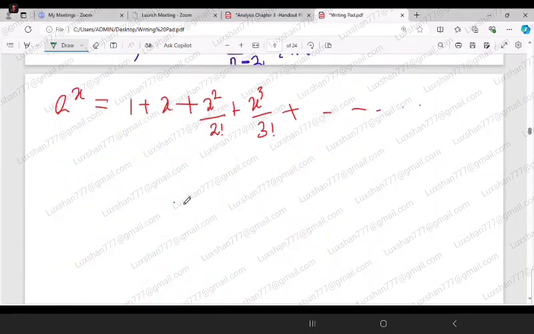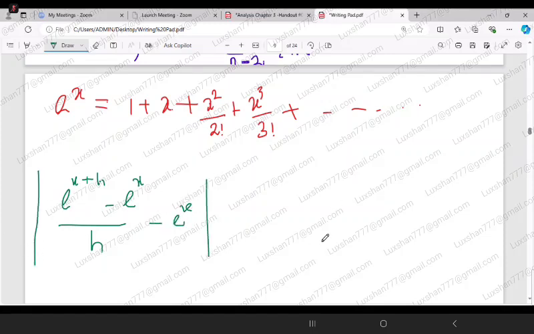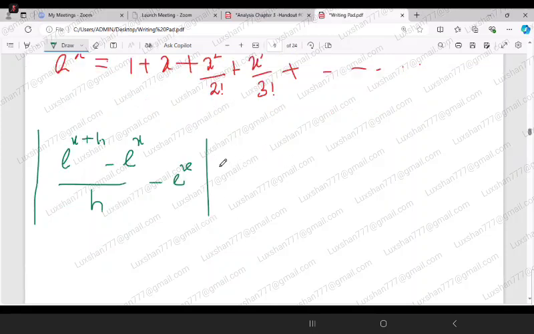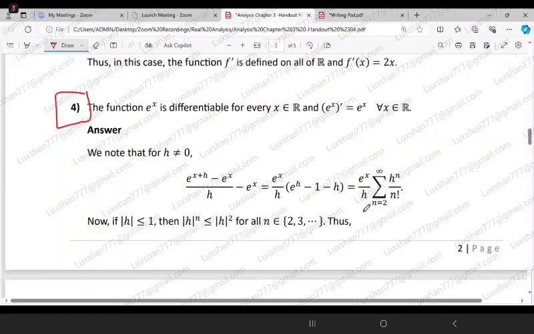So now I'm writing here: we have (e to the power x plus h minus e to the power x) over h minus e to the power x is equal to, we know that is equal to this one.